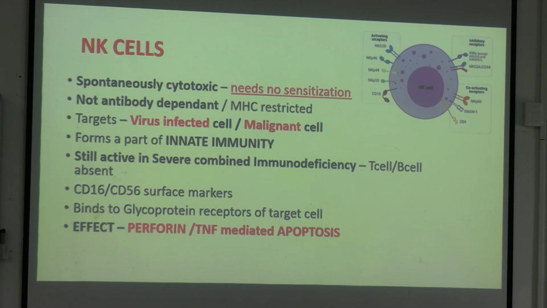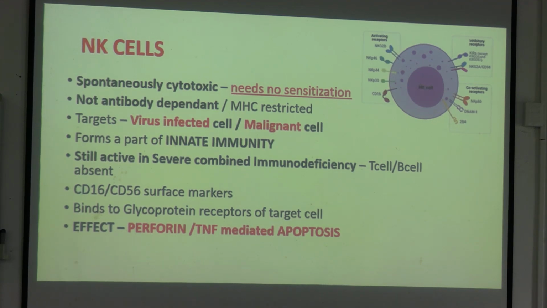They don't need sensitization. Whatever the antigen may be, if they are produced and if they are targeted, they will go and kill the cell. They don't need sensitization, they are not antibody dependent, and they target the virus infected cell or the malignant cell. Natural killer cells form a part of the innate immunity.